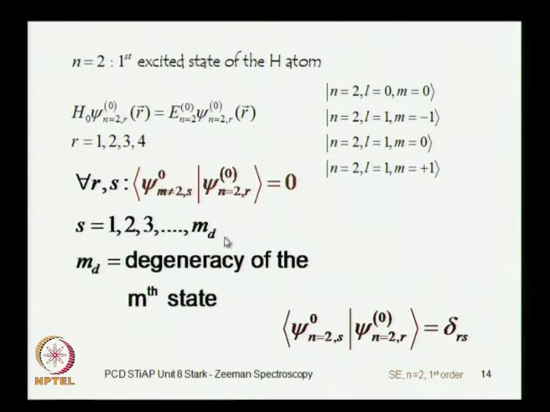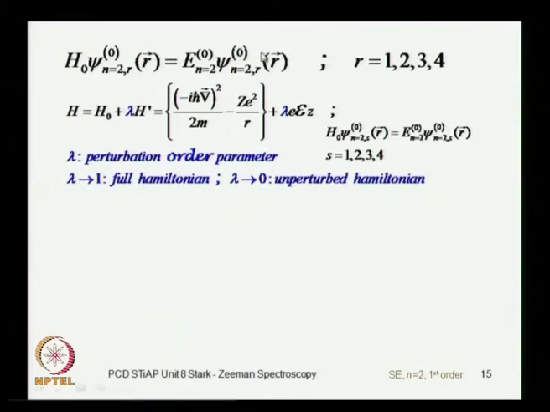Okay. So, we need to use what is called degenerate state perturbation theory in this case, and we will consider first order corrections to the n equal to 2, which is the first excited state of the hydrogen atom, using degenerate state perturbation theory.